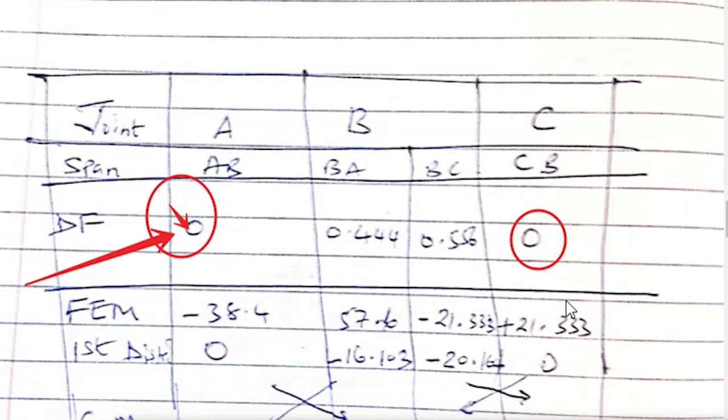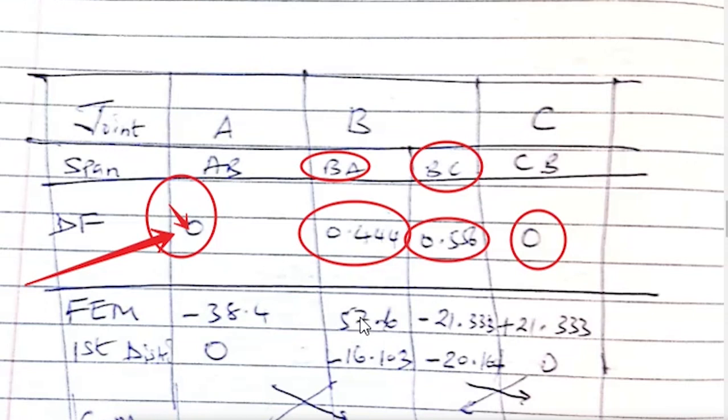But support B distributes to two members, which are member BA from the left and member BC to the right. As we calculated the value of K, we got 0.444 for the left and 0.556 for the right.